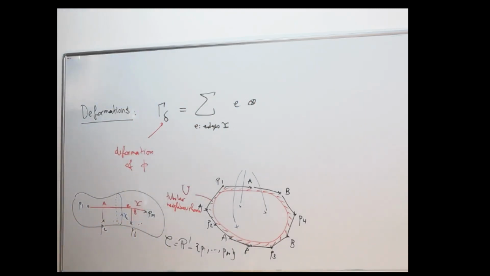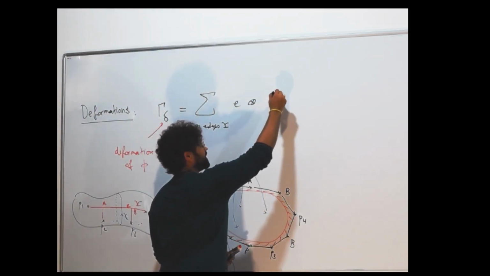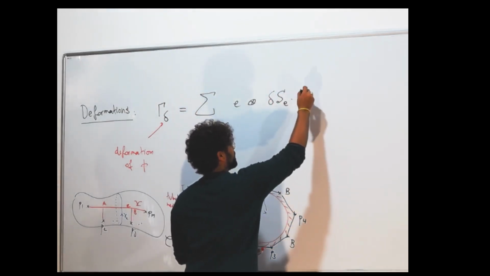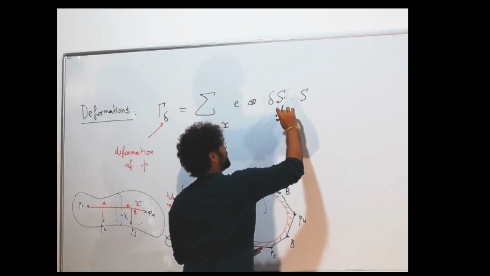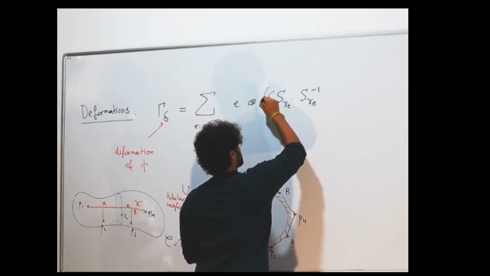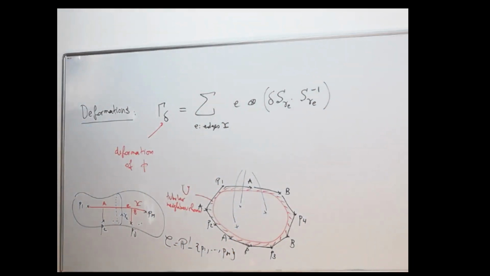Now you need a matrix to weight these chains, and this matrix is the deformation of the monodromy of the connection times its inverse.